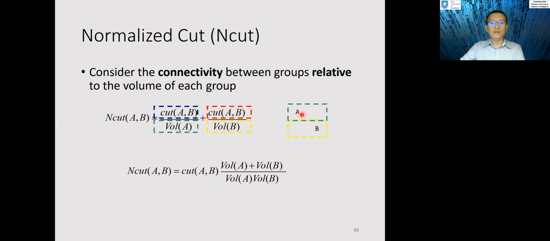Suppose this is the volume of A, this is the volume of B, and the cut should be the same for A and B. Then basically we divide the cut by the whole volume, which gives you a good measure of the cluster.